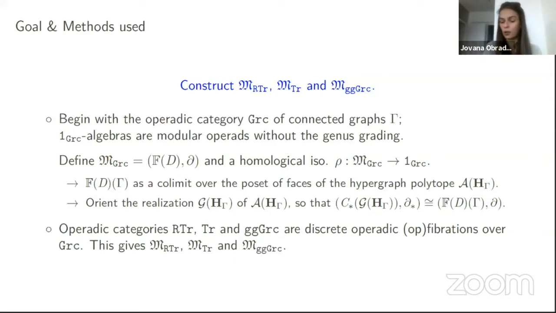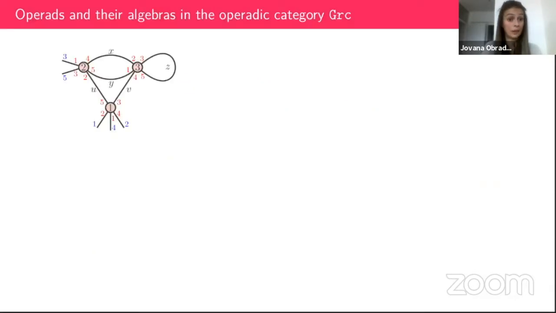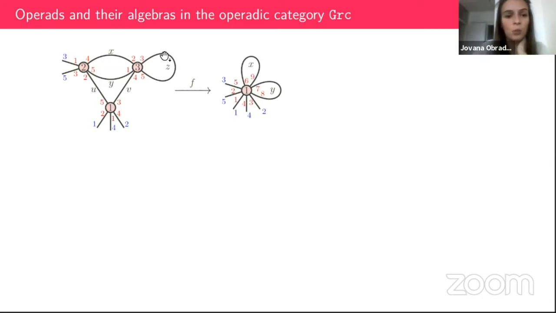Okay, so as I said, we will be working in the operadic category of connected graphs. So the objects of our category are connected graphs, like this one. Some indexing is also involved here, but this is less important now. Okay, so these are our objects, and then the morphisms will be given by contractions of subgraphs. So here you can see one such morphism.